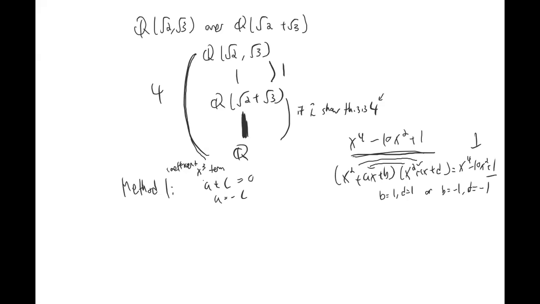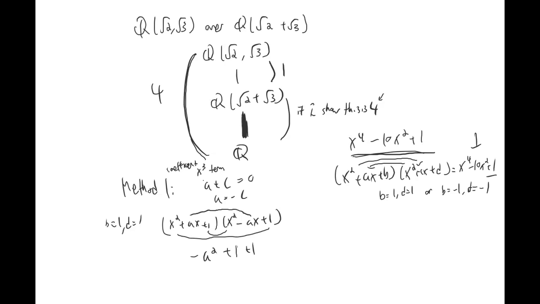And so let's consider the b equals 1, d equals 1 case. So I have x squared plus ax plus 1, x squared minus ax plus 1. In which case, what's the x squared term? I multiply these two and I multiply x squared with 1 and x squared with 1, so I have 3 terms. I have the coefficient negative a squared plus 1 plus 1, and the x squared term should be -10.